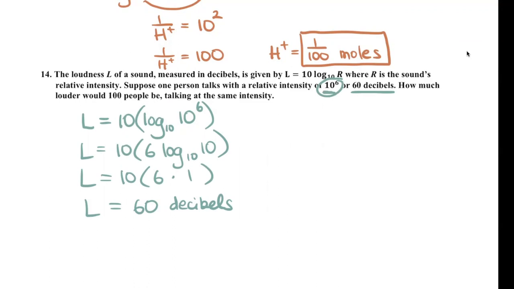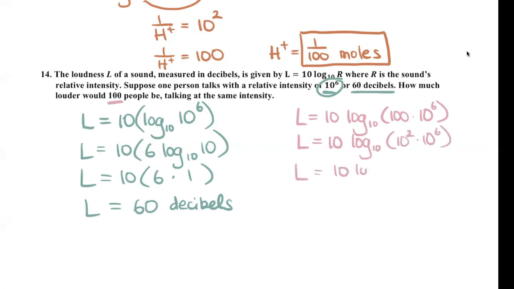Now let's figure out how loud 100 people would be. So I'm going to do 100 times 10 to the 6th, and see what the L is there. So this is going to be 10 times log base 10 of 100 people times 10 to the 6th. Then this is going to be 10 log base 10. 100 is 10 to the 2nd power.